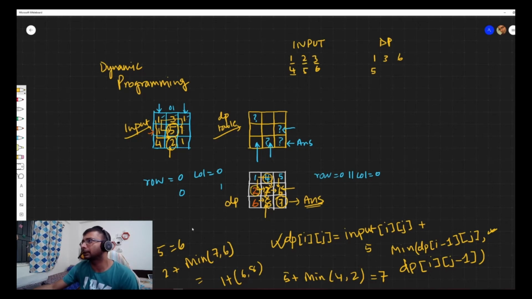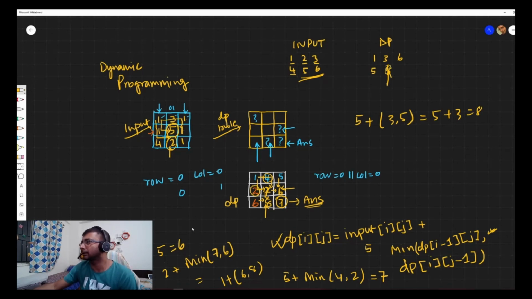Now filling up for these two cells, to reach this cell it would be the cost of that cell, 5, and we have a choice between 3 and 5, and we choose 3. So 5 plus 3 would be 8. So we get the value 8 over here.